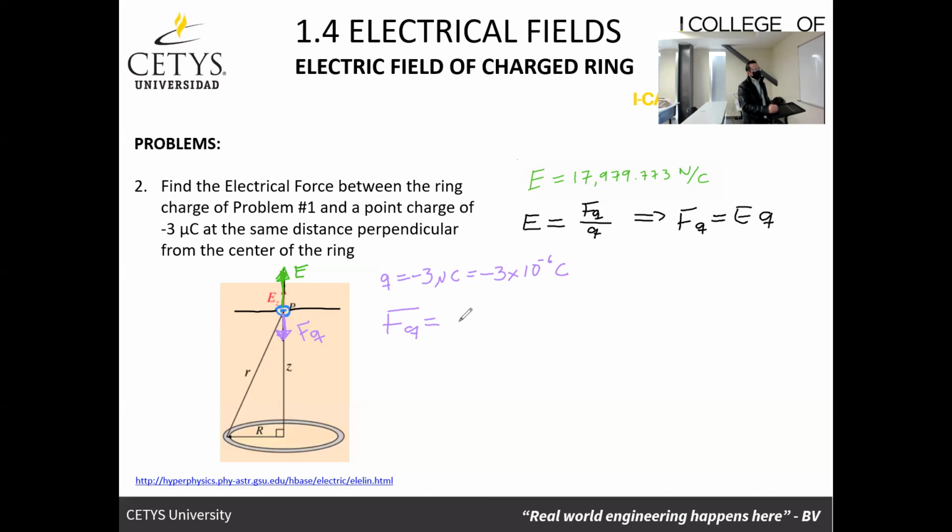And so FQ is going to be equal to E multiplied by Q, and so this is going to be equal to the 17,000. I'm going to use the value that we had over there, multiplied by the 3 times 10 to the minus 6 coulombs.